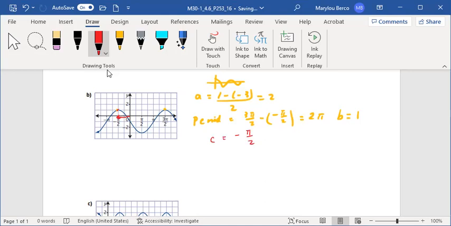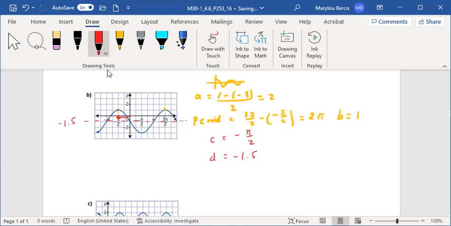D is our midline, which is 1 minus 2 divided by 2, which is right here, which is negative 1.5. So D equals negative 1.5.